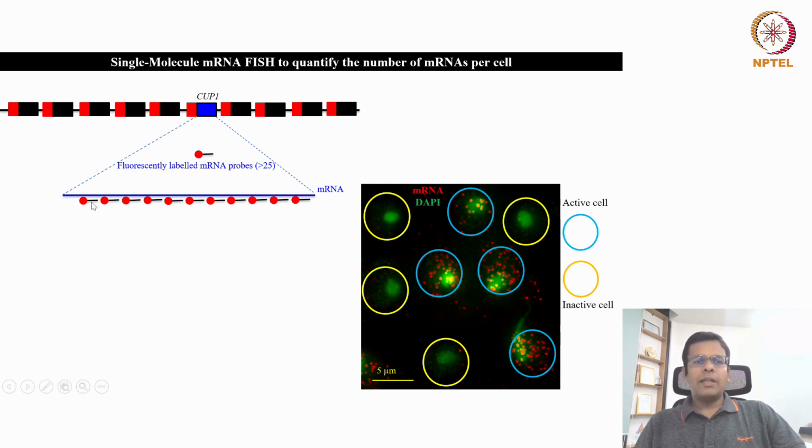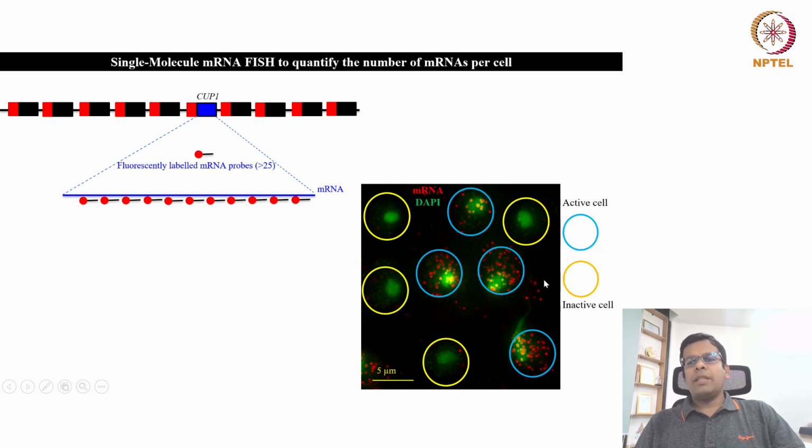You make more than 25 fluorescently labeled probes which can bind to the mRNA transcript produced from this gene by transcription. These probes, more than 25 in number, bind to this mRNA, and because so many probes are binding to it, they give a very bright fluorescent spot.